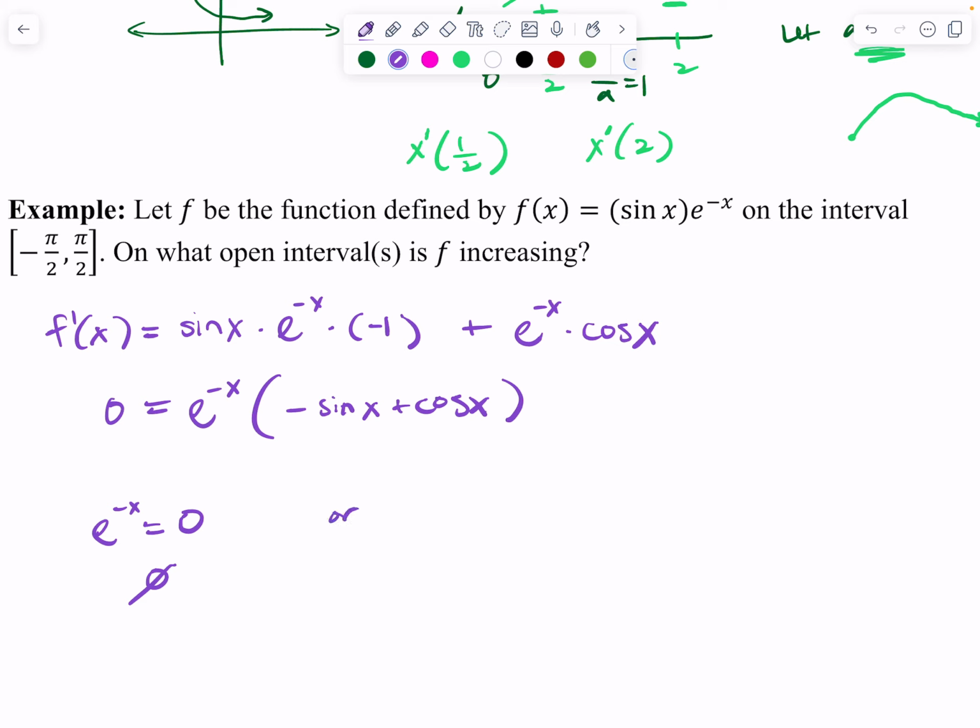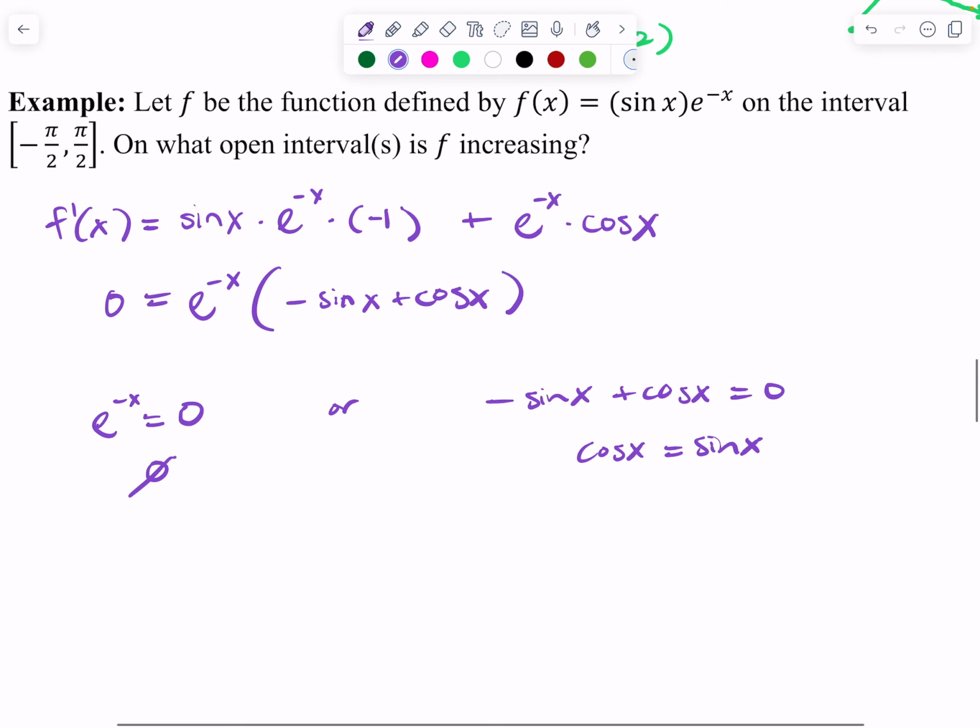Okay, think about the graph of e to the negative x. And then for negative sine of x plus cosine of x equal to 0, we'd have cosine of x equals sine of x. And you're thinking about the interval from -π/2 to π/2, where is sine and cosine equal? Well, thinking unit circle, that would be Q1 and Q4, right? Negative angles in Q4.